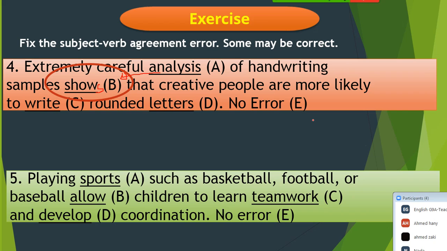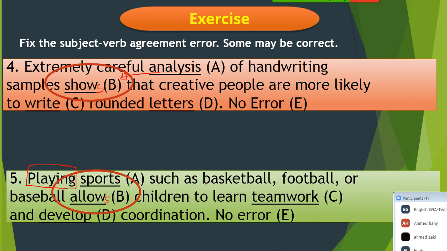It should be "allows" because... Where is the subject that you depend this answer on? Baseball? No, playing sports. Yeah, playing here is the subject, and playing here is a gerund, right? And I deal with a gerund as a singular subject. Playing is the thing that allows.